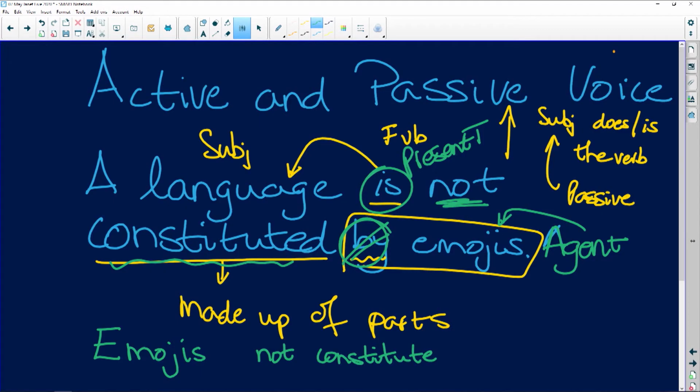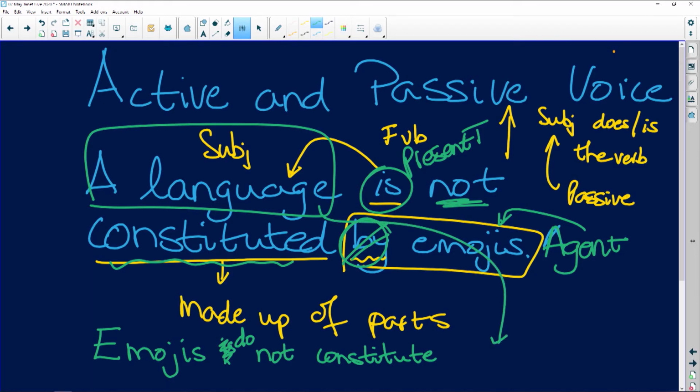Because when we're making something negative, we need an auxiliary in here. Now I can't say emojis is not constitute. I have to say emojis do not constitute. Then we take what is the subject in the passive and make it the new object. Emojis do not constitute a language.